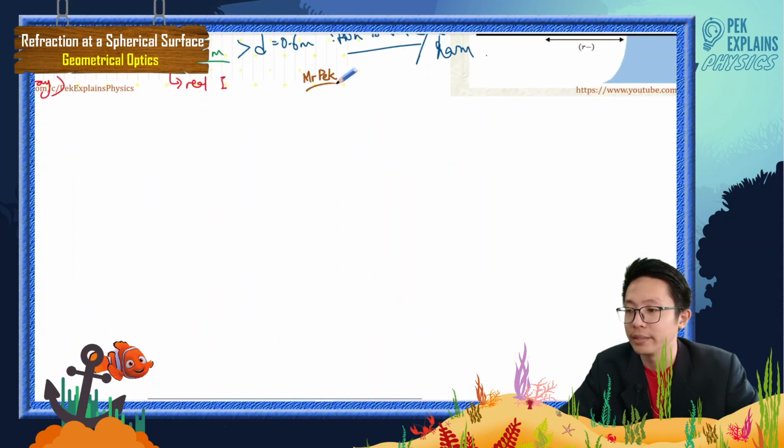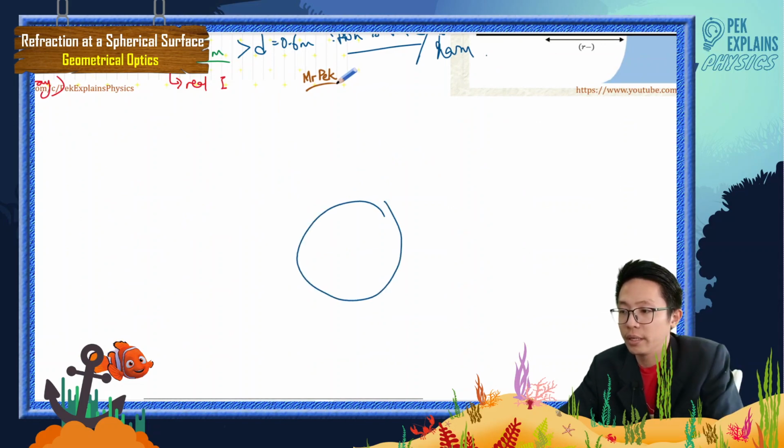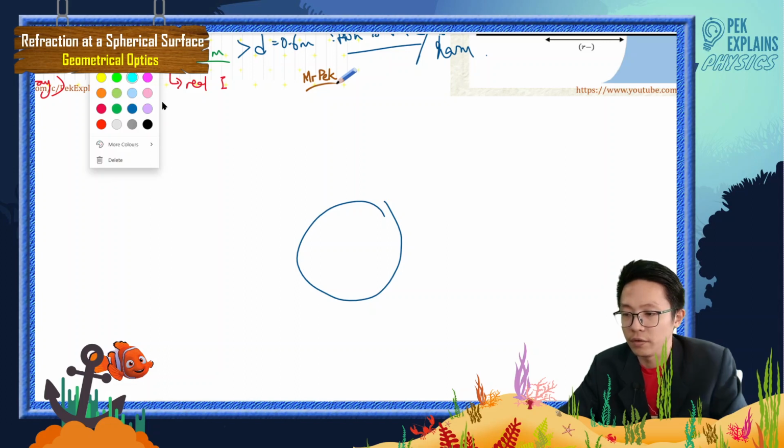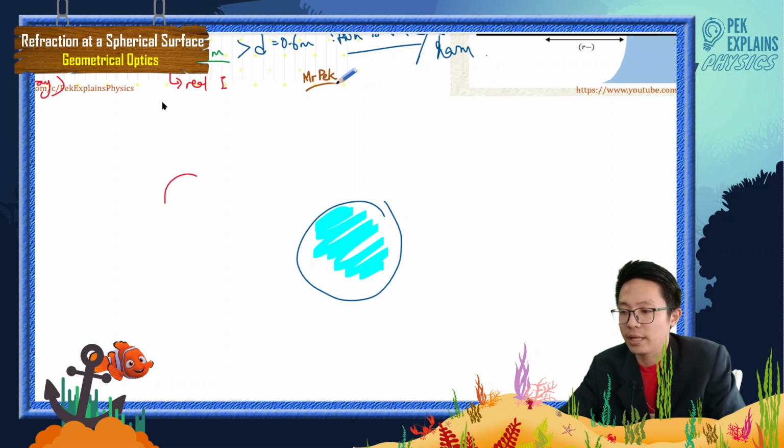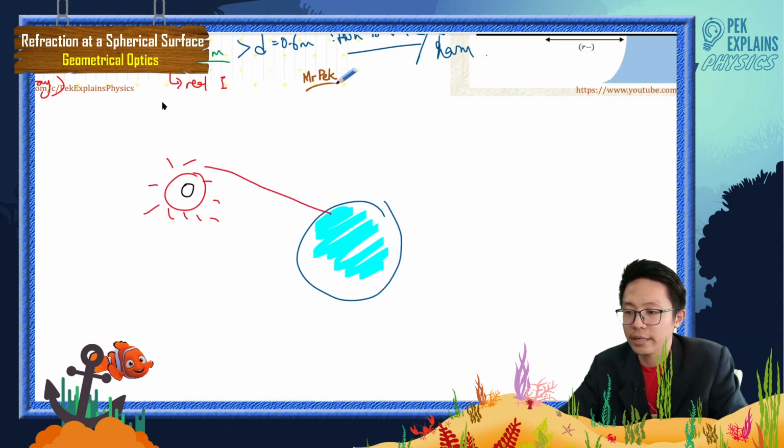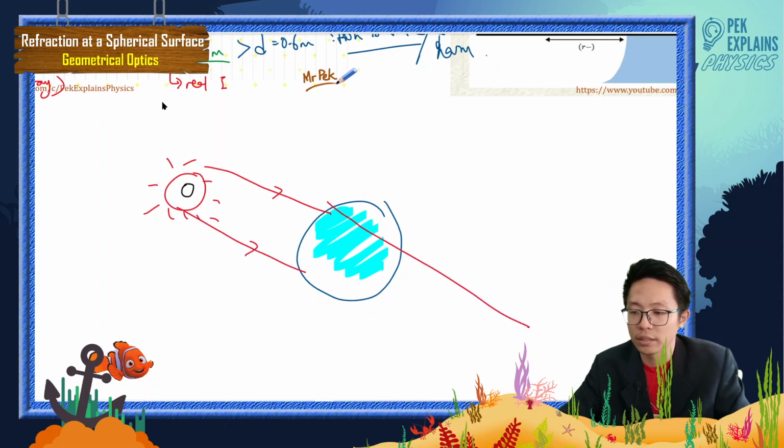That means we can imagine it like this. This is the fishbowl. So the sun, this is the object. The sunlight comes from infinite distance away. You'll focus outside the fishbowl.